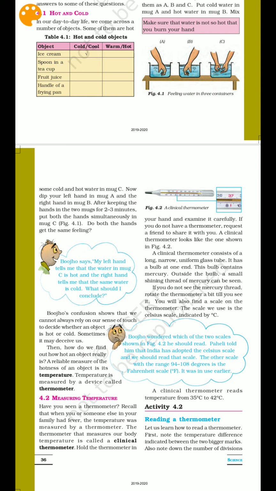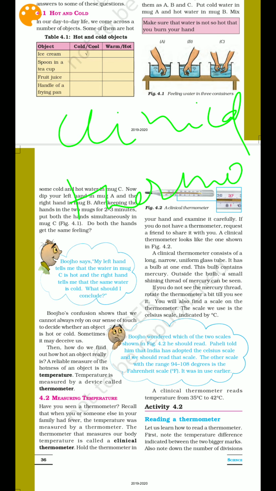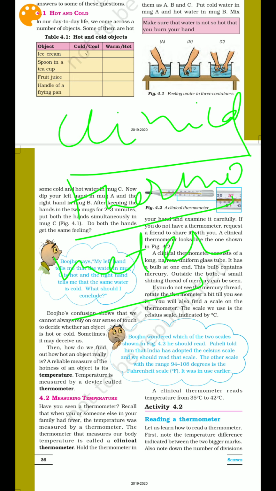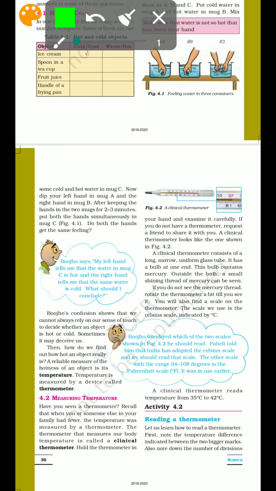If we include the term clinical thermometer, what is a clinical thermometer? The thermometer which is used in a clinic, or which is used to measure the temperature of the human body. So a clinical thermometer is made up of a long cylindrical glass tube.